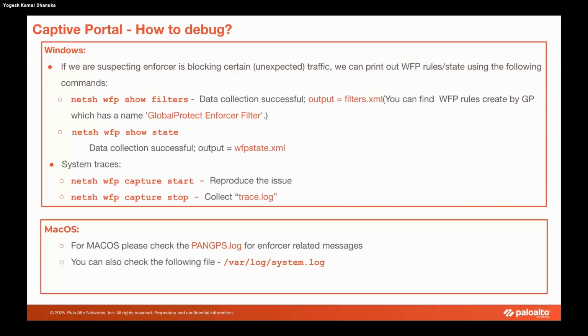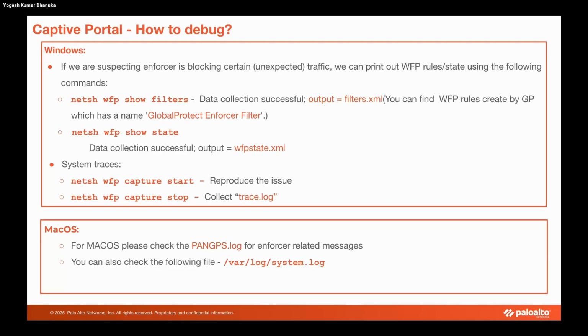Now, if we talk about debugging captive portal with enforcer, we are again going back to the same workflow of checking the WFP filter logs for the enforcer, because we need to understand what traffic is being blocked by the GlobalProtect.